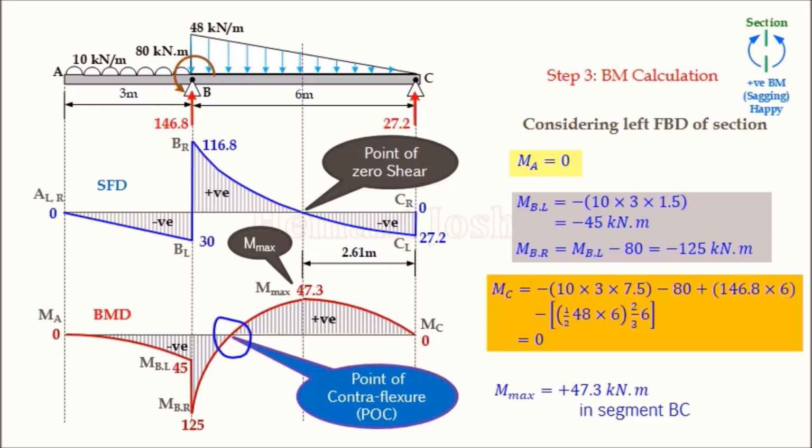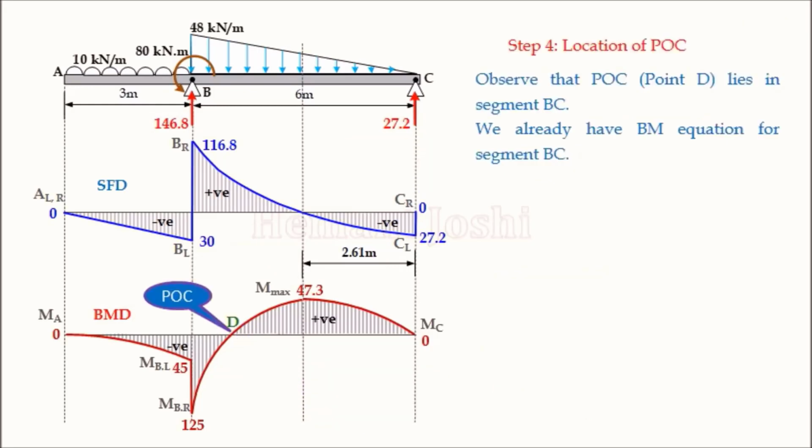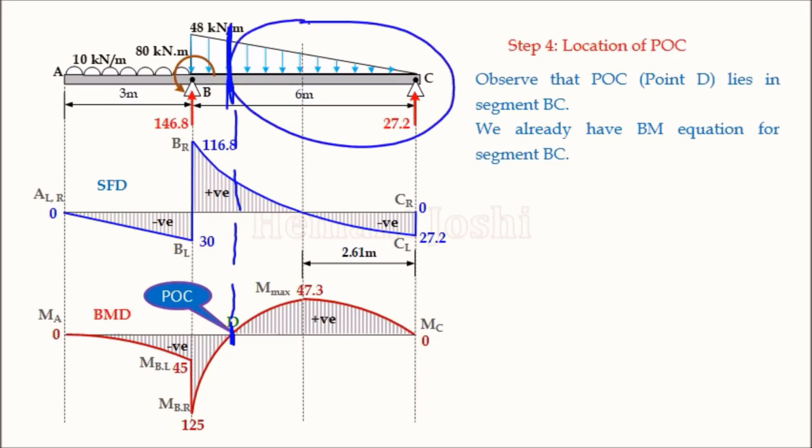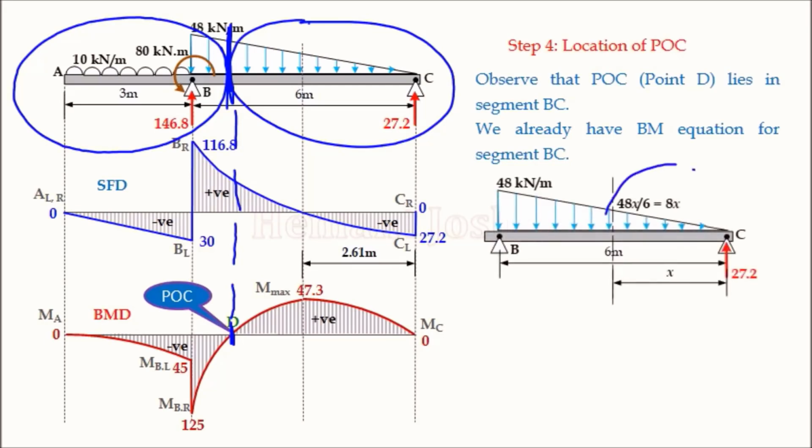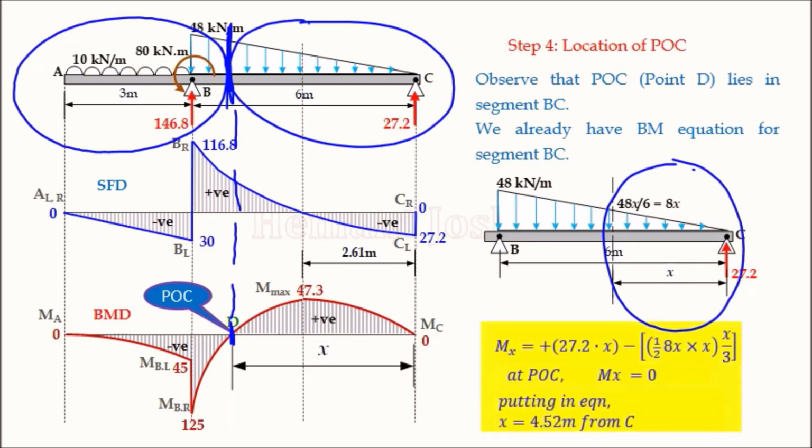And this is our fourth step in which we are interested to locate the point of contraflexure. For that, we have to extend this particular point and take a section here. You may consider either the right FBD or the left FBD of the section to write the bending moment equation. But remind, in segment BC already we have one section taken. Earlier we had this, and already we have the equation of that particular bending moment.